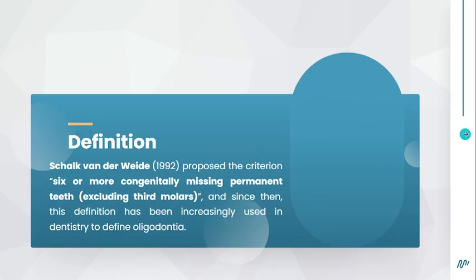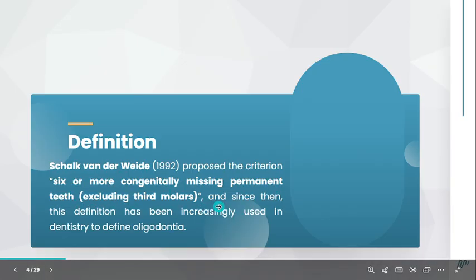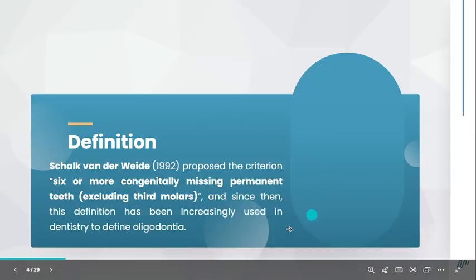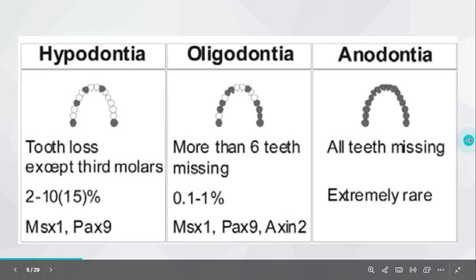So let's look at the definition. Schock van der Weyde in 1992 proposed the criterion of 6 or more congenitally missing permanent teeth, excluding third molars, and since then this definition has been increasingly used in dentistry. You can find a lot of definitions out there, but this one is in most use and defines it very clearly.